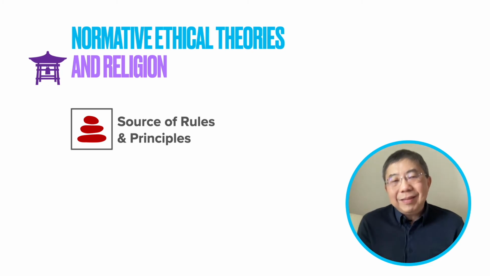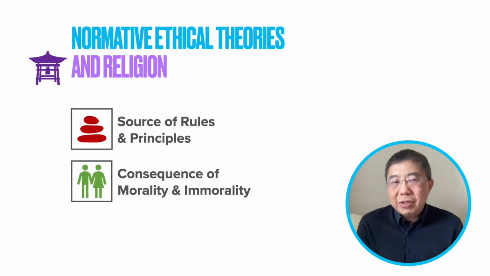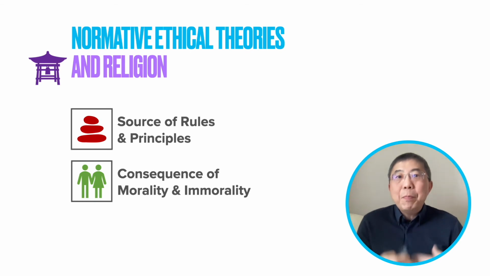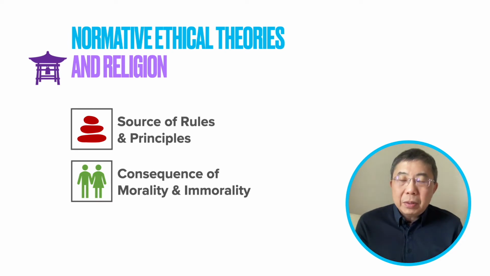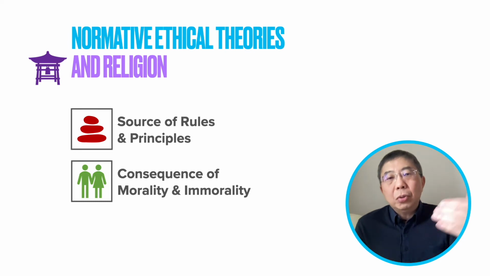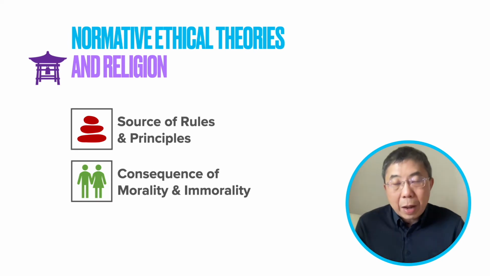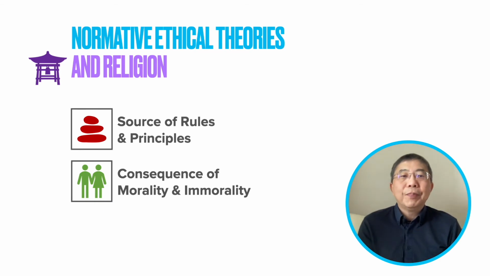The second difference between normative ethical theories and religion is the impact of the behavior, right? Most normative ethical theories tend to look at the impact on others, on people around you, on society and the community around you.